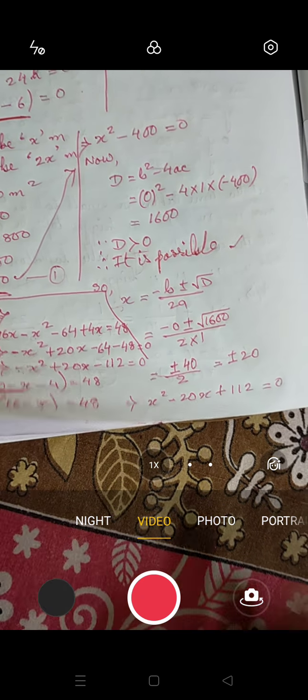Now you find d here. So you can write d is equal to b square minus 4ac, and after substituting the values of b, a and c, you will get d is equal to minus 48.